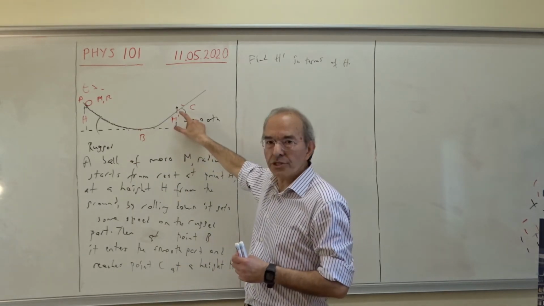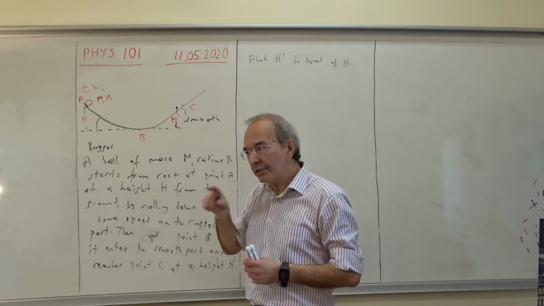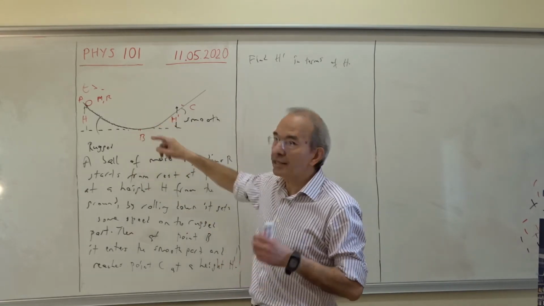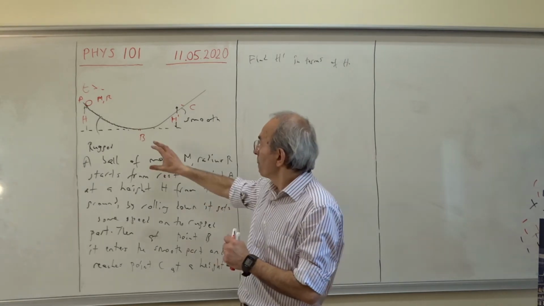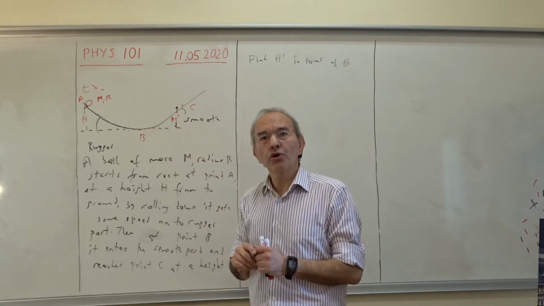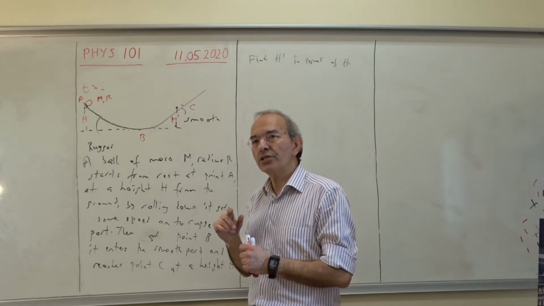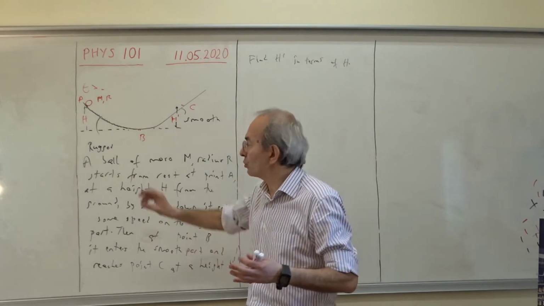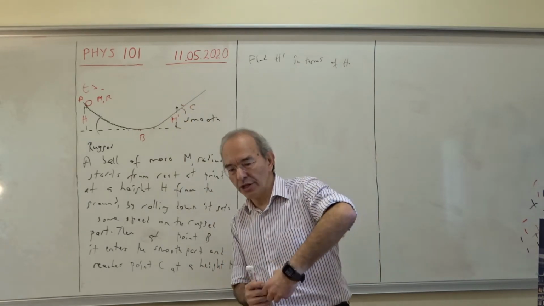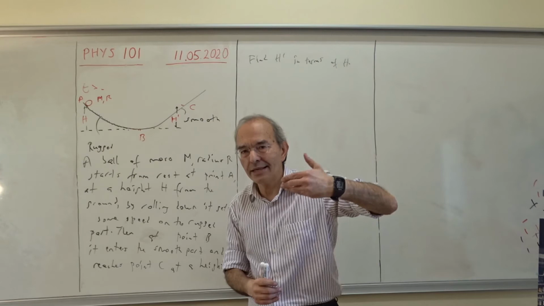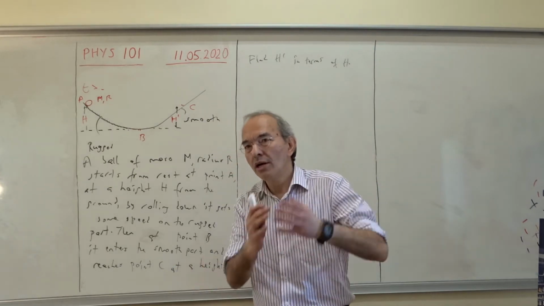Here, when it reaches here, its angular speed during the whole motion remains the same. So we understand from the text that if it is moving on a smooth surface, its linear speed is changing, of course, because it is rising up. Its linear velocity of the center of mass will get less and less, just like a block moving up.